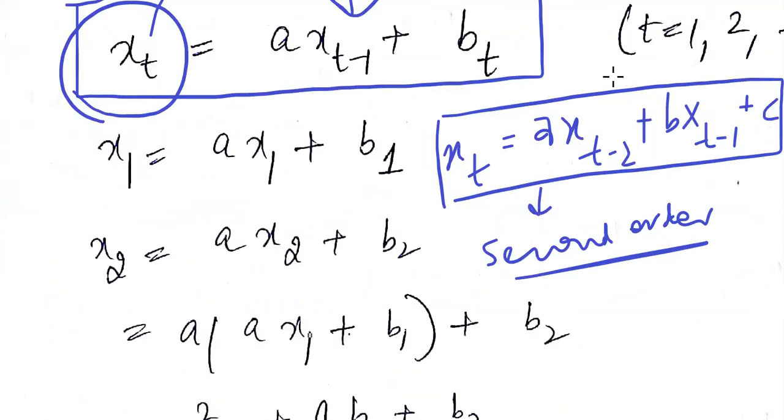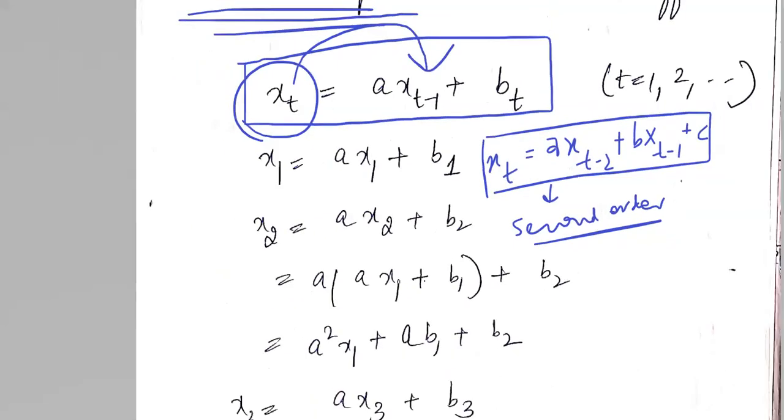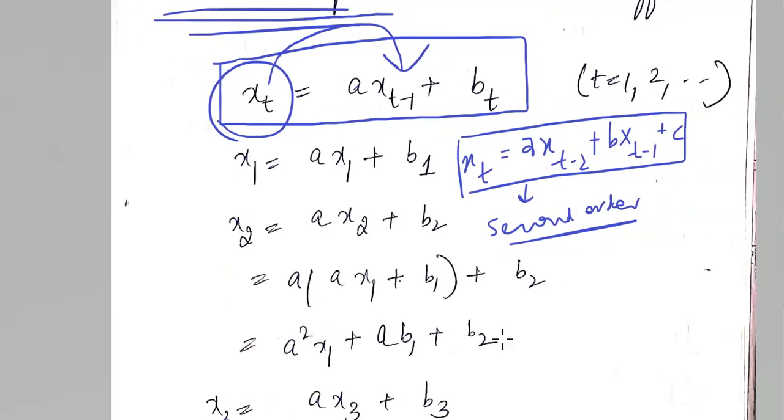Now, I write down a first order equation, and then I say that x1 would be a x naught plus b1, x2 will be a x1 plus b2.